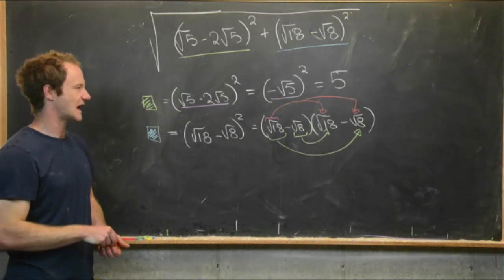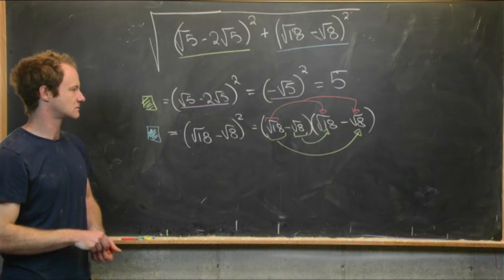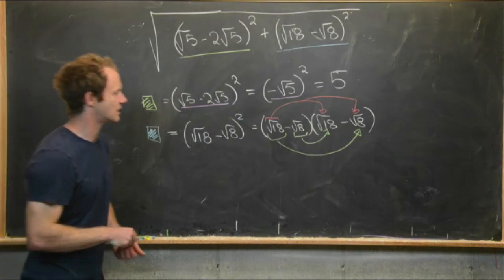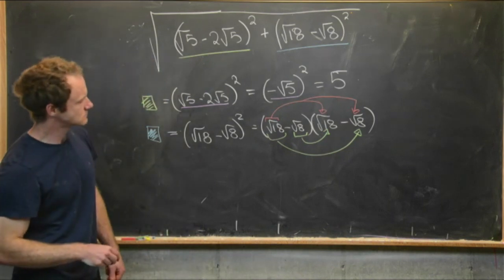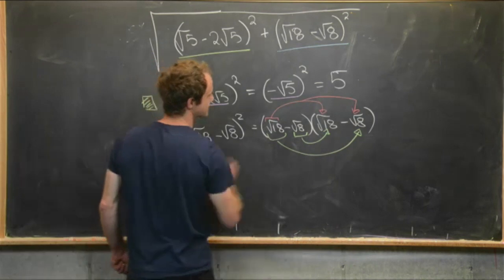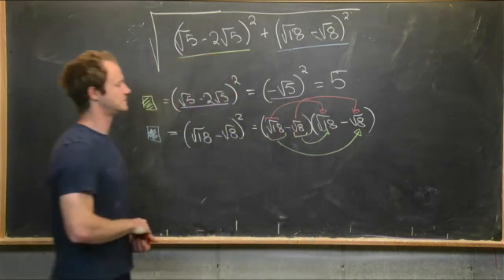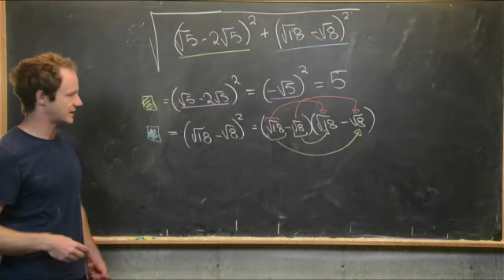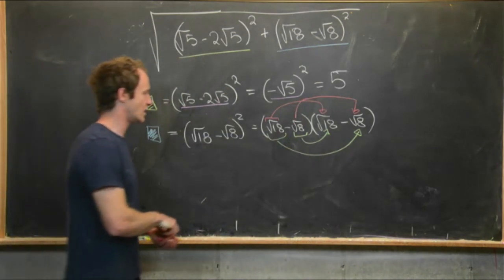Okay, so let's see what that gives us. Wait, sorry, this one right here should be like that. So there we go. There are 4 different multiplications. So let's do those one at a time.